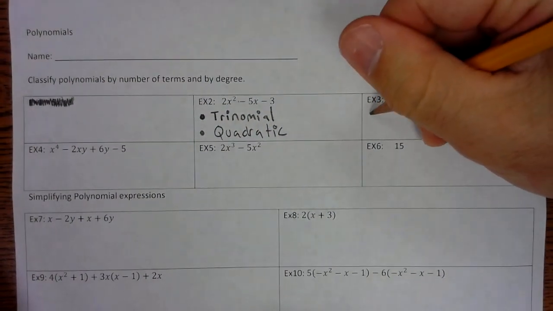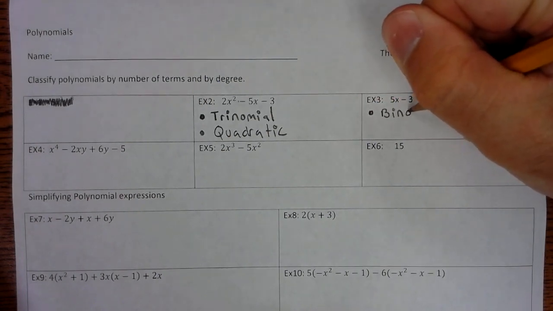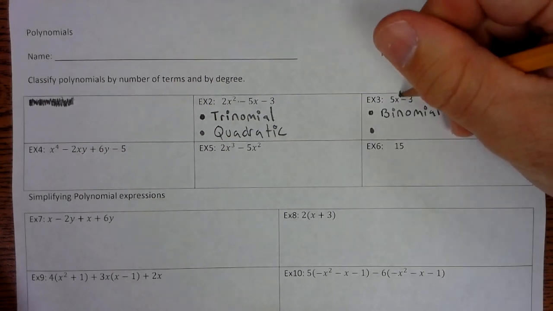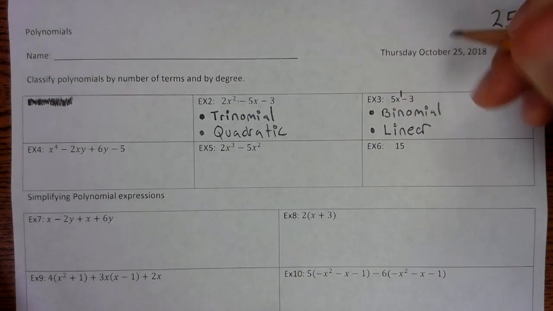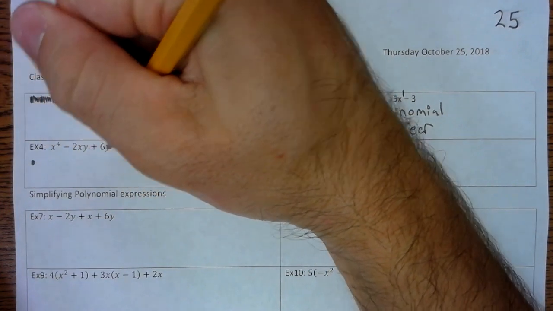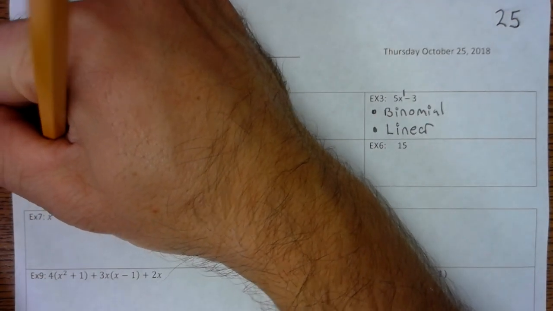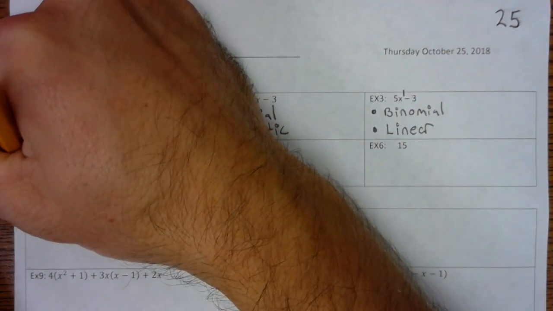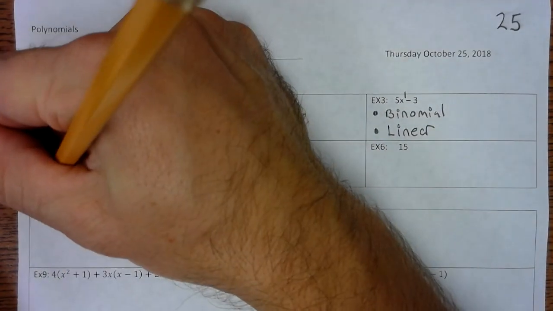Okay, example 3. There's 2 terms, so that's a binomial. And the highest degree is x to the first power, so it's linear. Okay, example 4. There's 1, 2, 3, 4 terms, so it is a polynomial. Now the highest power is 4, so it's quartic.